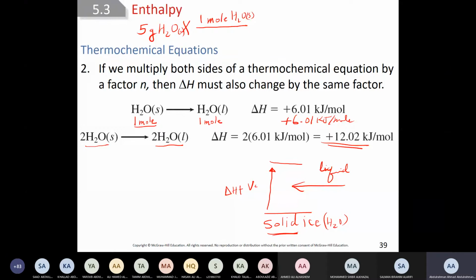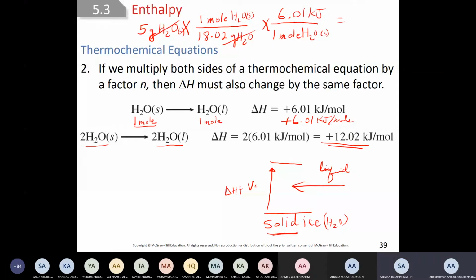So what should I write here? 18.02 grams H2O down here. The gram H2O will cancel with gram H2O. And then I know that in this reaction, each 1 mole of H2O solid will need 6.01 kilojoule. And so I can tell how many kilojoules we're going to have. So this is how we relate things using the chemical equation.